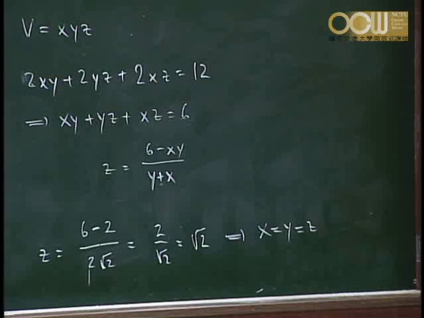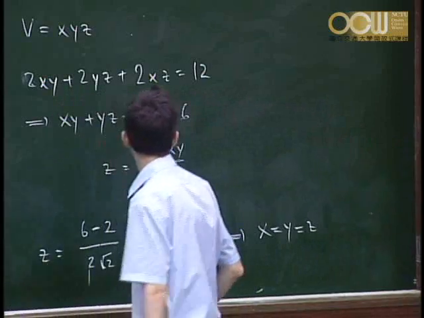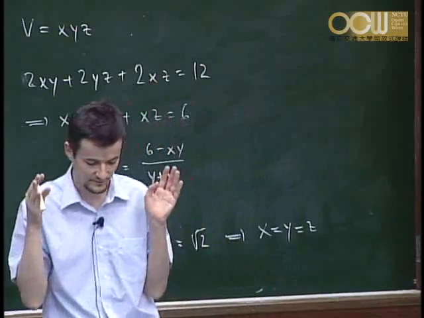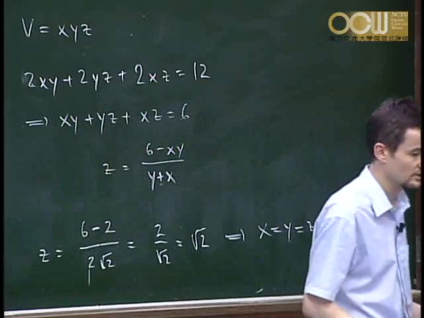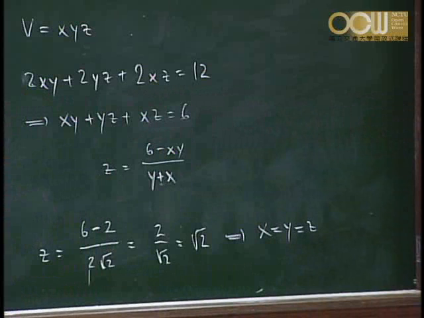So you see that if you have given the surface area, of course this is true in general, no matter which number you have here, if the surface area is fixed and you want to maximize the volume of a box, the maximum is achieved for the cube.